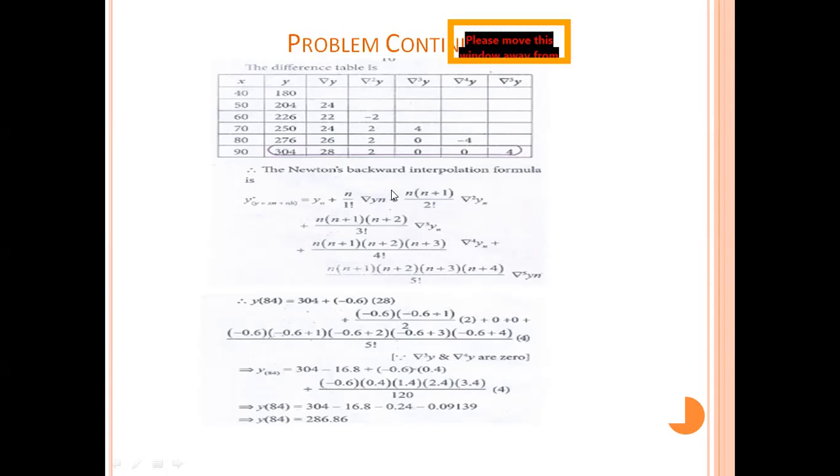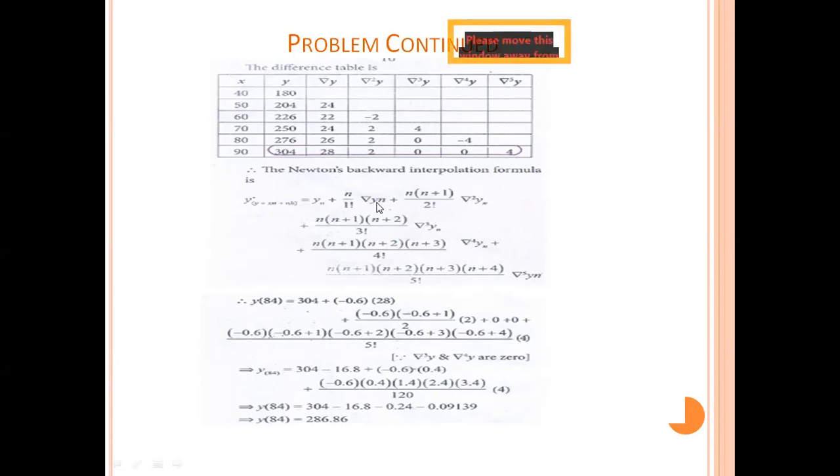And we know the formula, Newton's backward interpolation formula, and we already found the value of n. Now we are going to find the value of y at 84, which is equal to yn, that is 304, plus n value, which is -0.6, divided by 1 factorial, into del yn.